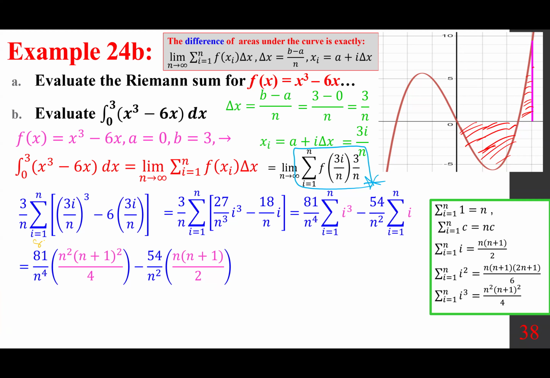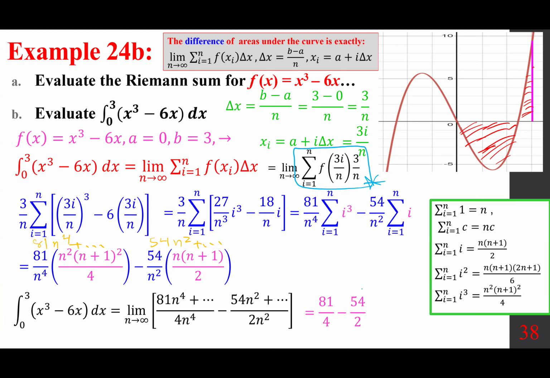And we get the common factor of 4. Add one minus 108 is minus 27 over 4. This is the exact answer, everybody.